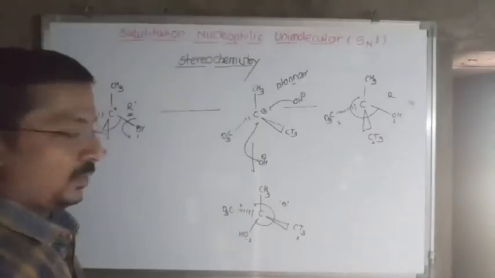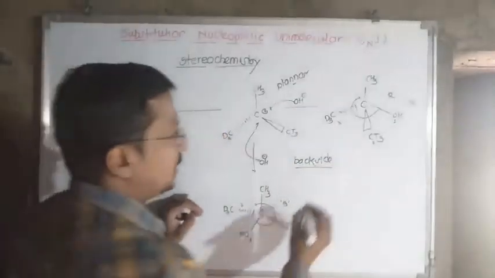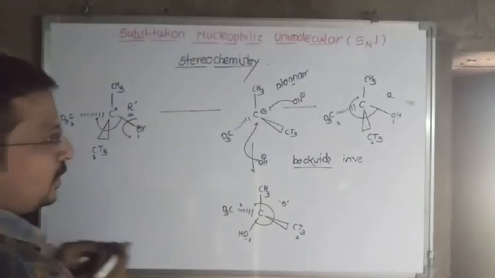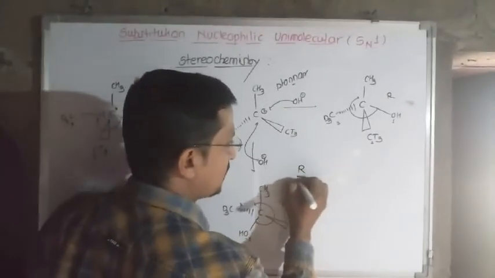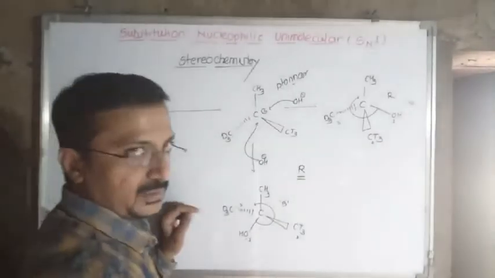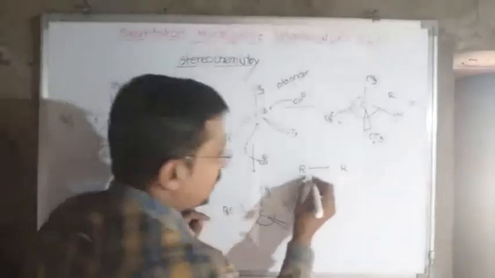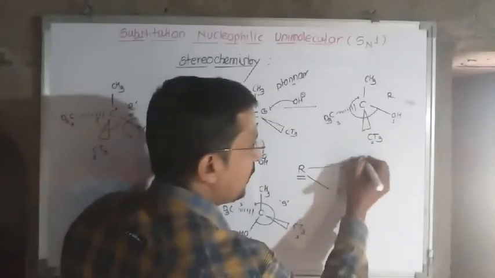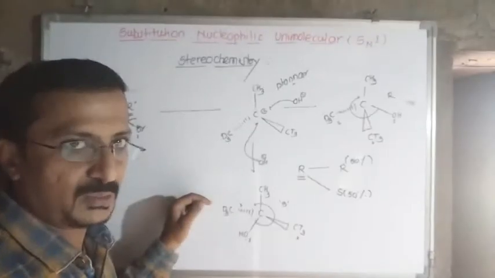Now one more point. Suppose the initial configuration of the substrate is R. Due to attack of the nucleophile, if the configuration remains the same, R remains R, and if it changes from R to S, then 50% R configuration and 50% S configuration is expected, because the carbocation is planar.